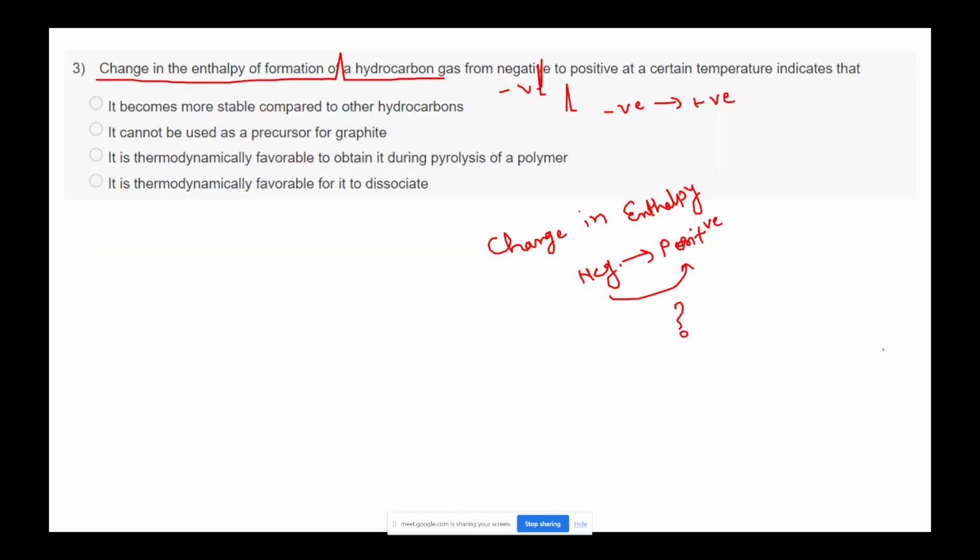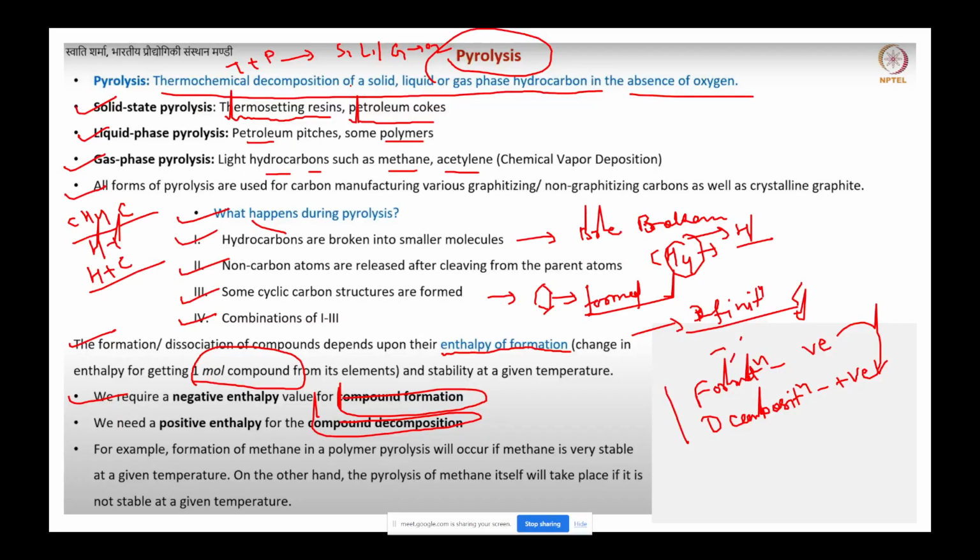If it goes from positive to negative, then it is thermodynamically favorable for formation.